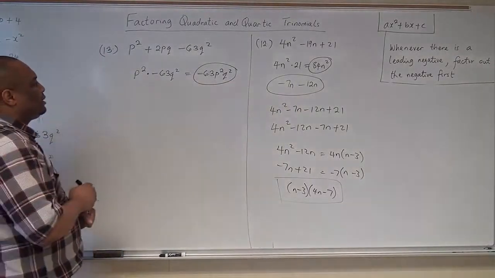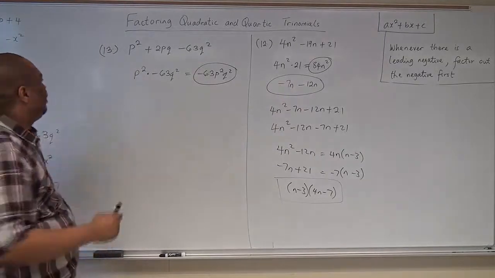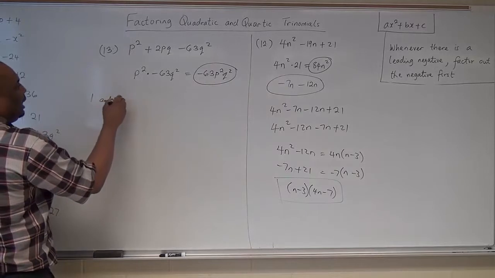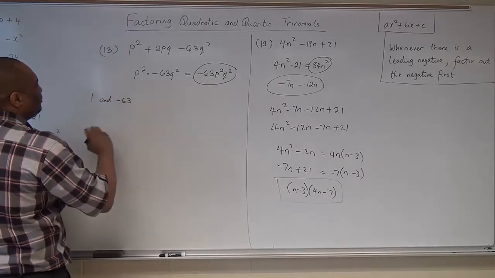Let's look at the factors. It's going to be pq, pq. But let's start with 1 and negative 63.